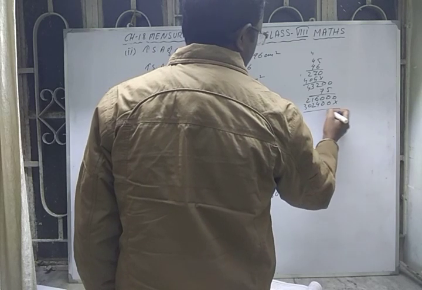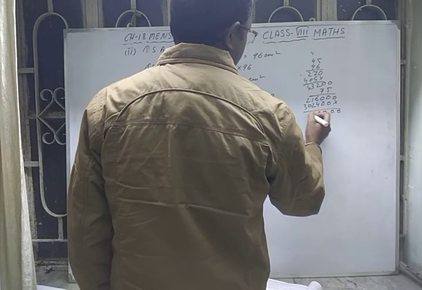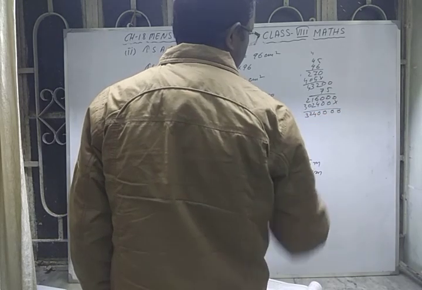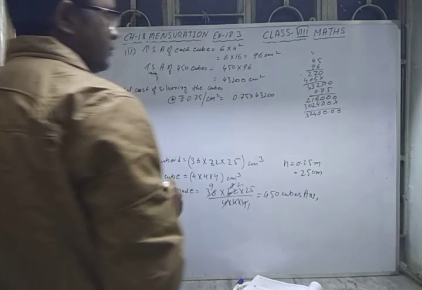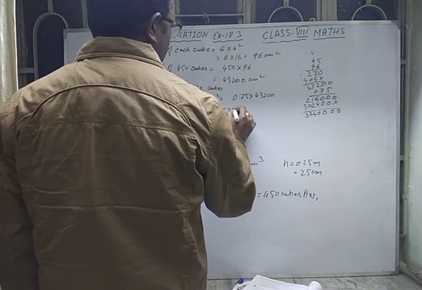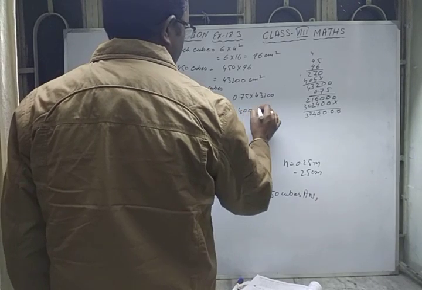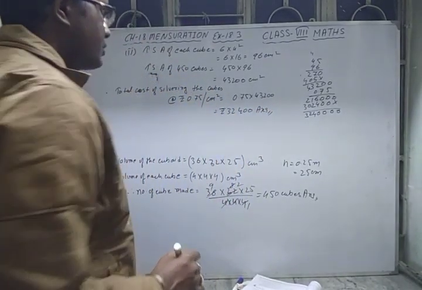Put 2 zeros here because it is 0.75. So it will be 32,400. Total cost is rupees 32,400. This is the final answer of the second part of the question.